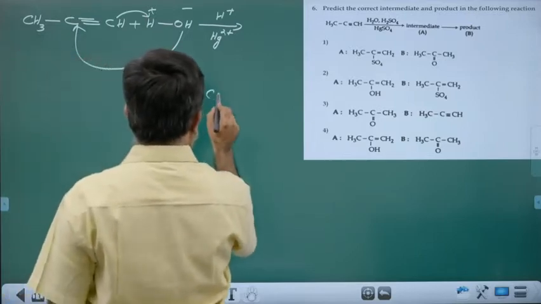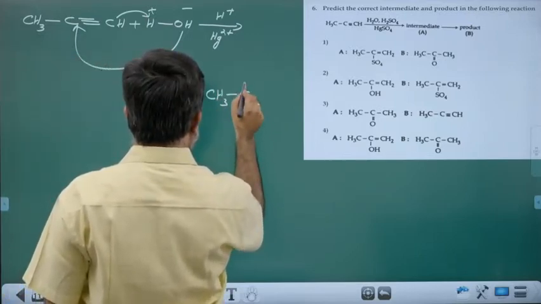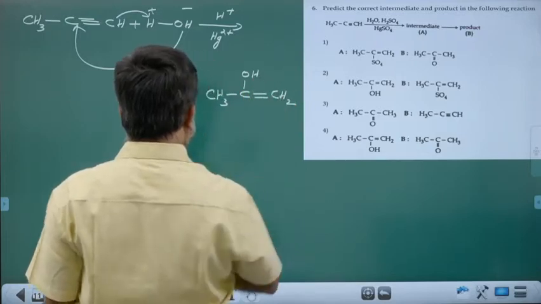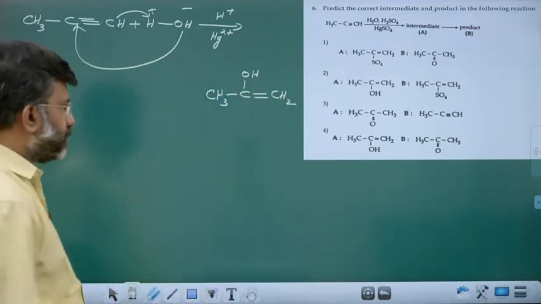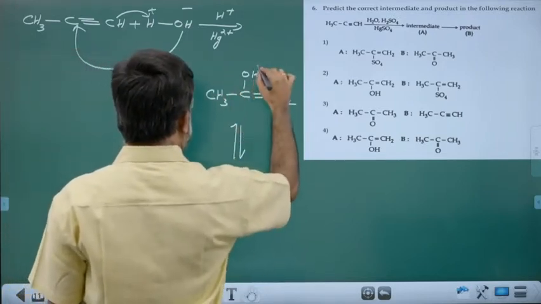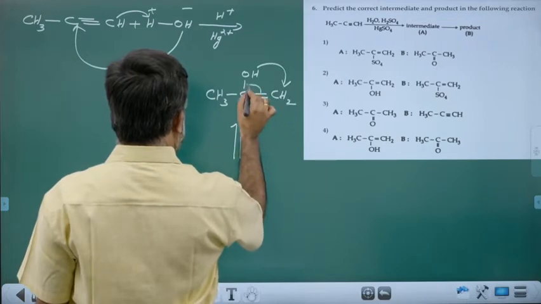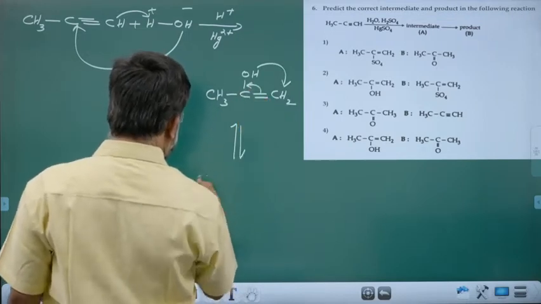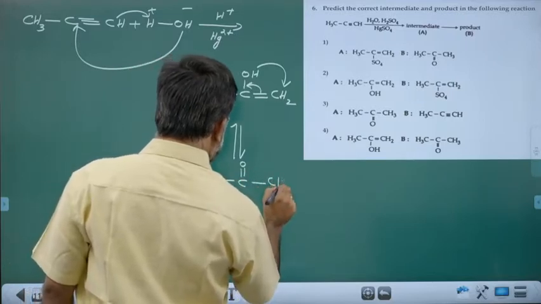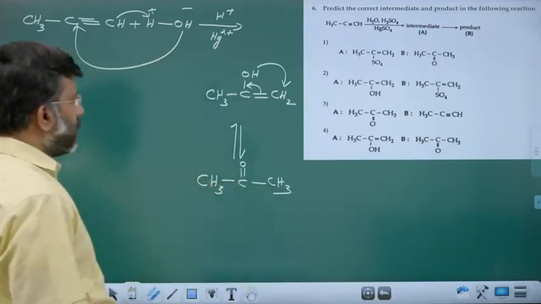You will get CH3, COH, double bond, CH2. Enol is obtained. Now further it undergoes tautomerization. This hydrogen will come here and the double bond will come here. You get CH3, CO, CH3, acetone.